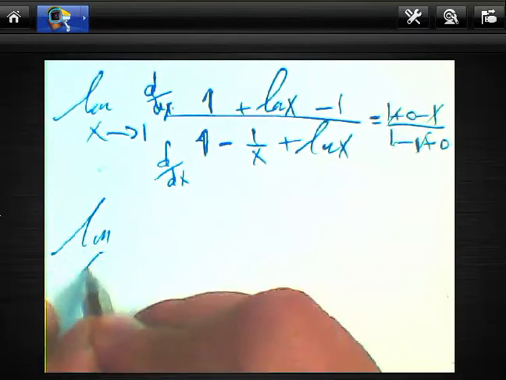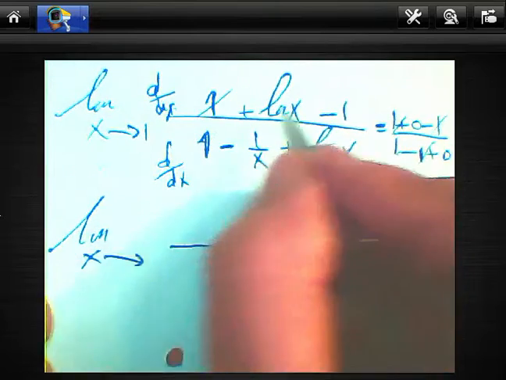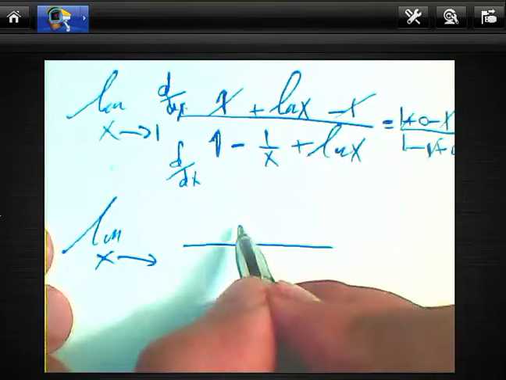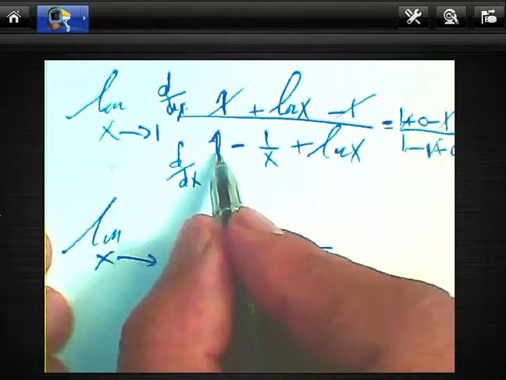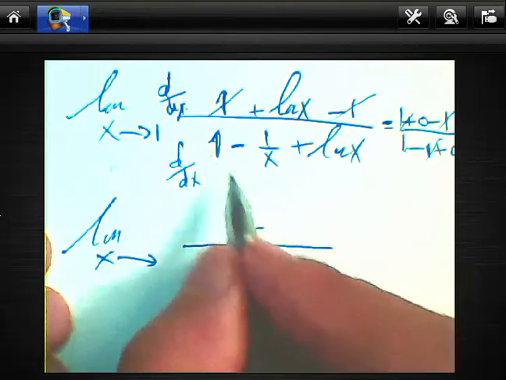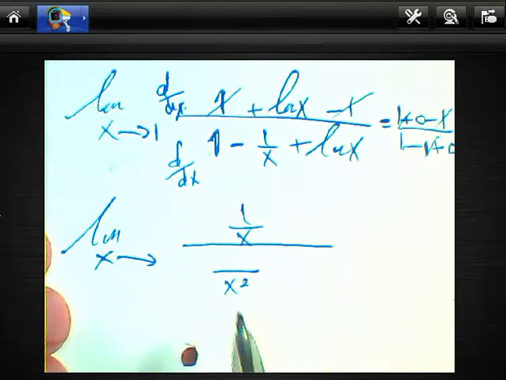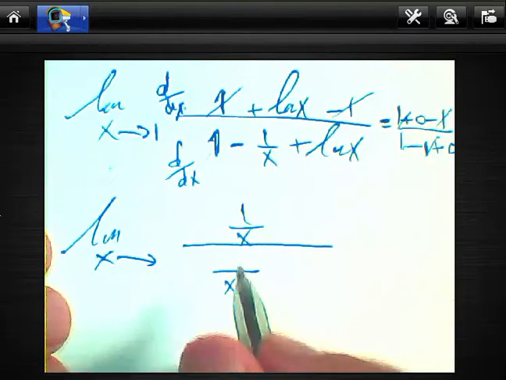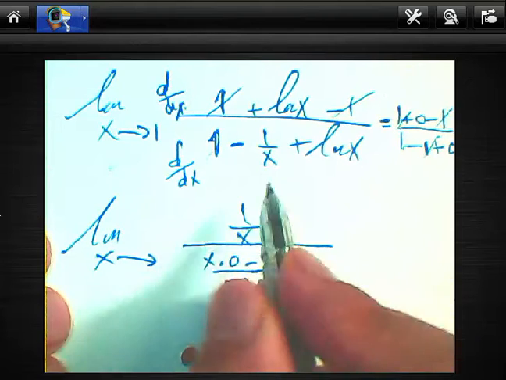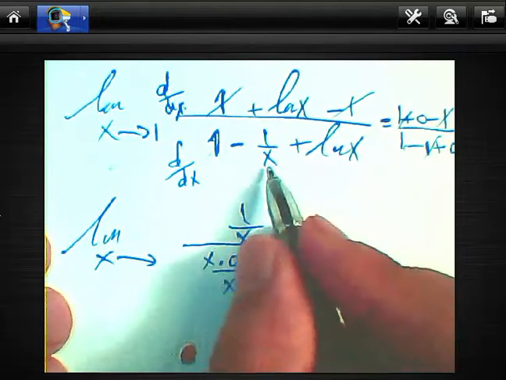So the limit when x equals 1: the derivative of the numerator will be 1 minus 1 equals 0, plus the derivative of ln of x, which equals 1 over x. And in the denominator, 1 minus 1 over x plus ln of x, we find the derivative of 1 equals 0, and the derivative of x, 1 over x. The result will be x squared, x multiplied by the derivative of 1 equals 0, minus the numerator divided by the denominator.